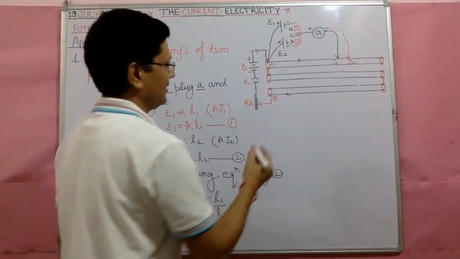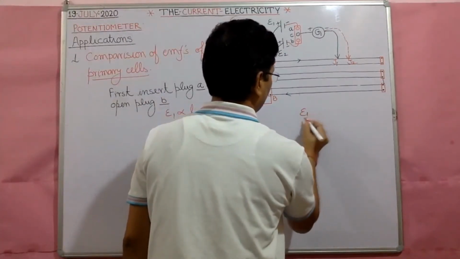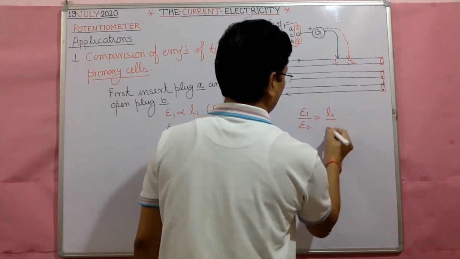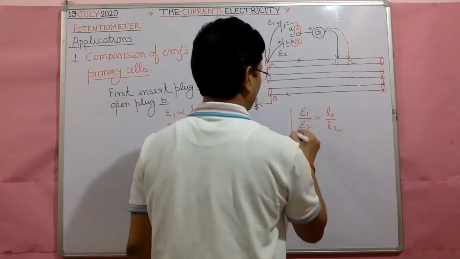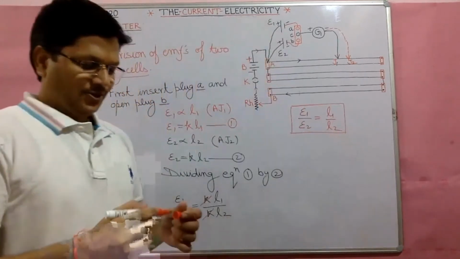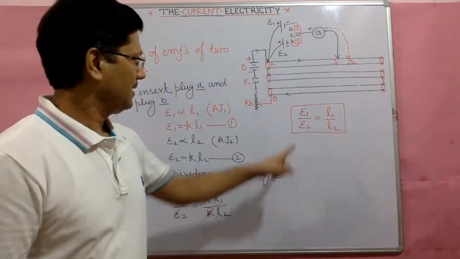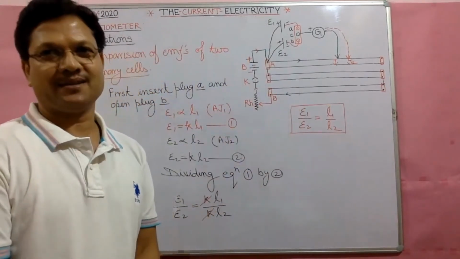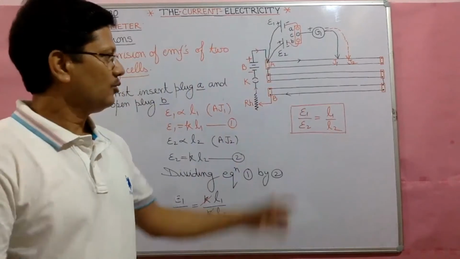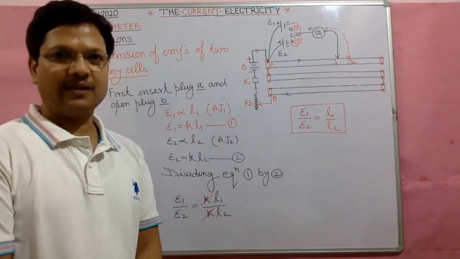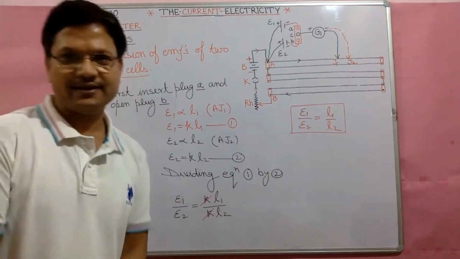So the final result is E1 upon E2 is equal to L1 upon L2. So this is simply the comparison of EMFs of two primary cells. Very simple. This experiment is also in your physics syllabus. Okay.